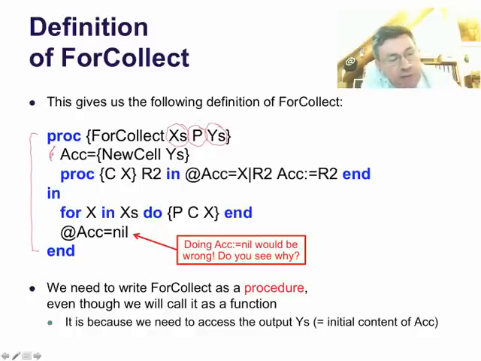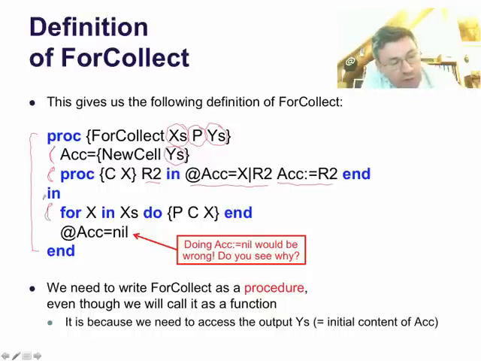So we first create the cell ACK. Note the value is YS, the output list, which starts out being empty. And then here's our collect procedure, as we saw it in the slide before. So it binds the end of the output list, and then it replaces the content by a new content.